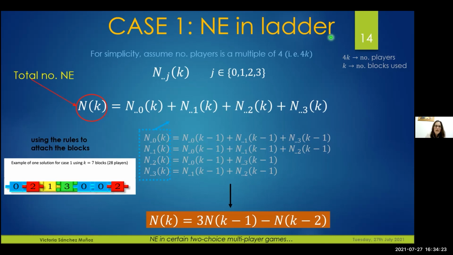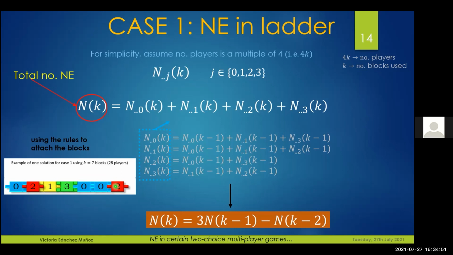There is a series of numbers before, which represent the blocks, right? Yes. So for instance, the sequence shown here would be the sequence 0, 2, 1, 3, 0, 0, and 2. But with this, I don't care about all of these. I just care that it ends in 2 in this case.